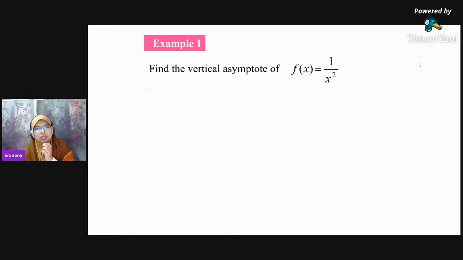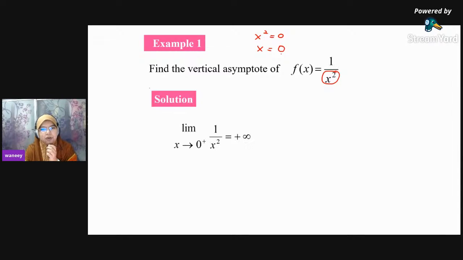Okay, so now if we go to the first example, find the vertical asymptote of f(x) equal to 1 over x squared. So let us think a little bit. If I want to make sure my denominator is equal to 0, what is the value of x? Okay, so x squared is equal to 0. So that means the value of x needs to be 0. Therefore, if you test them, the limit for x approaching 0 from the right-hand side of 1 over x squared, we do get positive infinity.